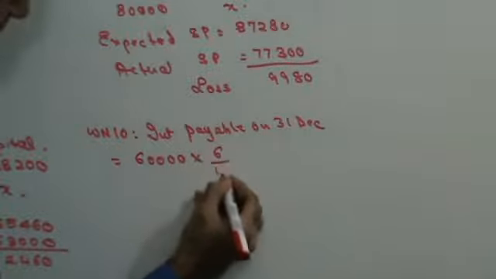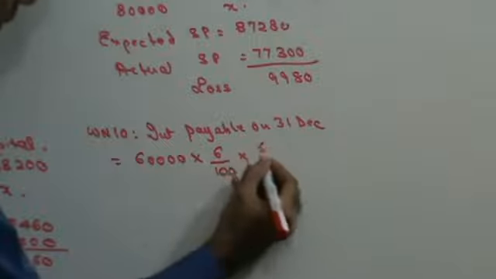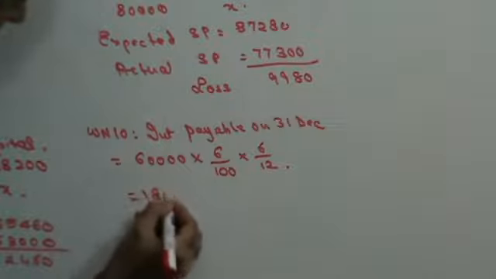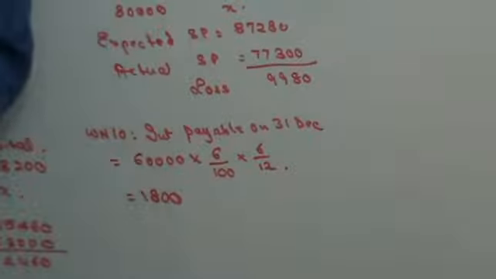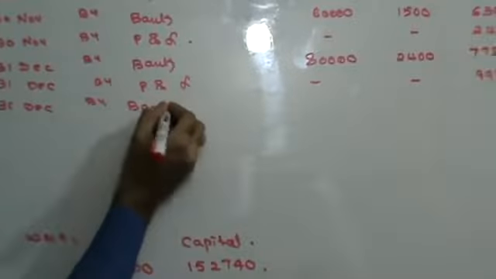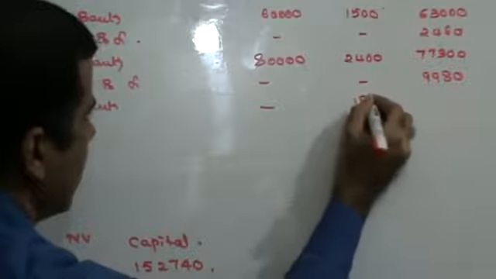These are 6% investments for 6 months. Someone please help me calculate this. 1,800. So on 31st December, by bank, I'm going to pay this interest of 1,800.